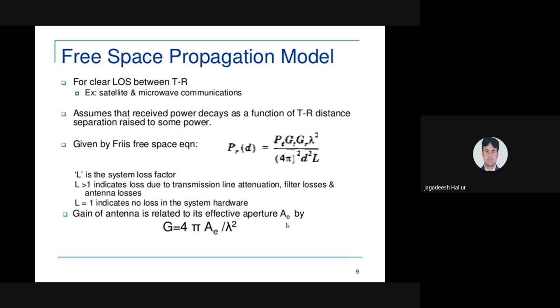If you know the formulas directly, that is PR of D equals PT GT GR lambda square divided by 4 pi square D square into L. If L is not mentioned, you have to take L as 1. If you want to calculate G, it is 4 pi A divided by lambda square.